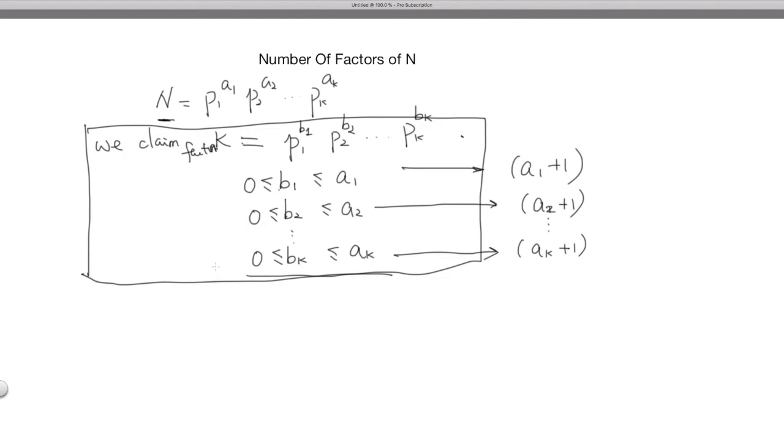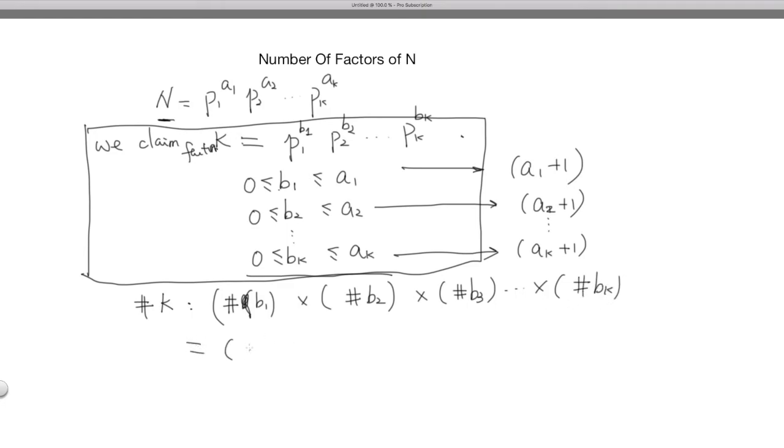So from the product principle for the number of choices, the total number of k's is going to equal the number of choices for b1 times the number of choices for b2 times the number of choices for b3 times the number of choices for bk.